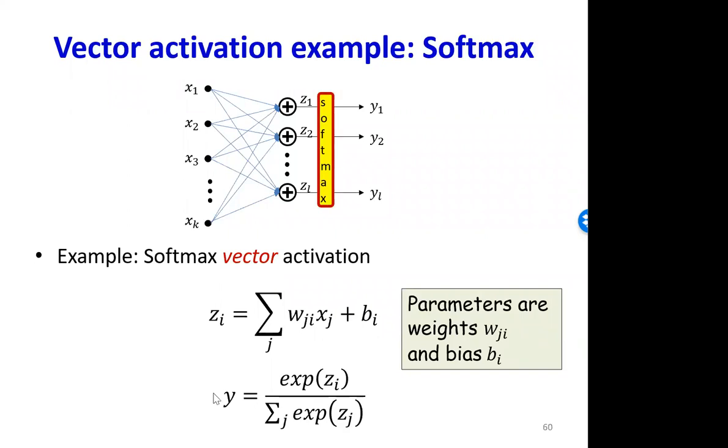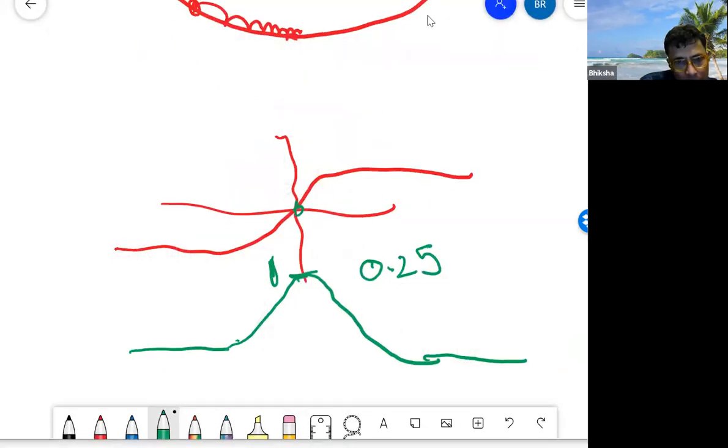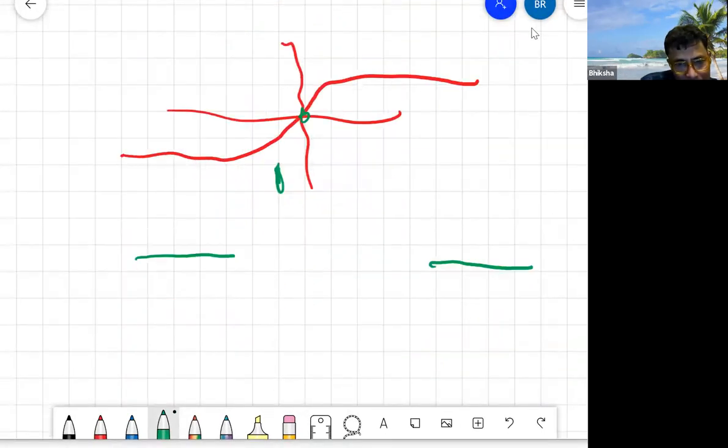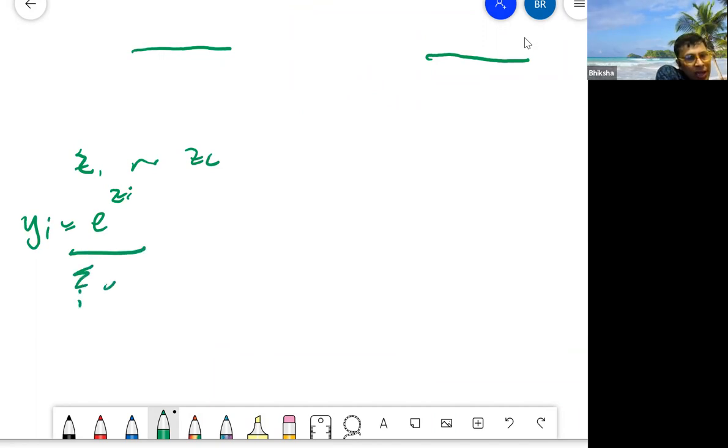Yes. Look at this over here. So I have several y's. This should have been yi. And so I have Z1 through say ZL. Then I'm going to say yi equals e raised to Zi divided by summation over i of e raised to Zi.